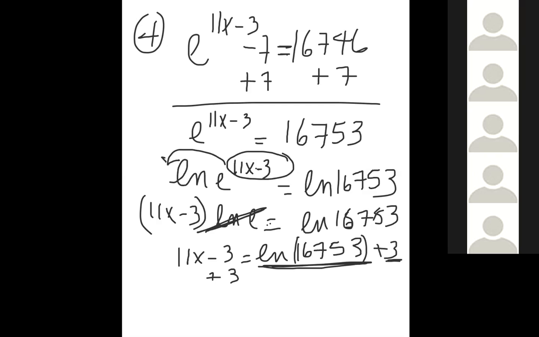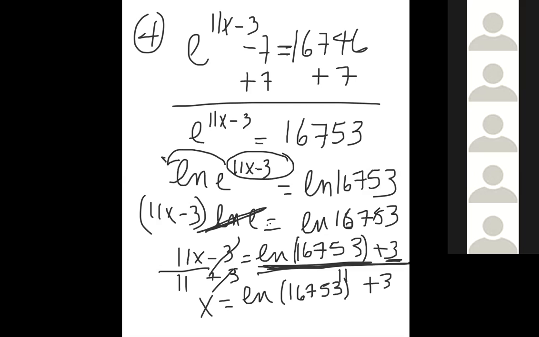Next, we're going to divide both sides by 11. So the final answer for this one is going to be the natural log of 16,753 plus 3, over 11. I want you guys to type this into your calculators to see if you get the correct answer.